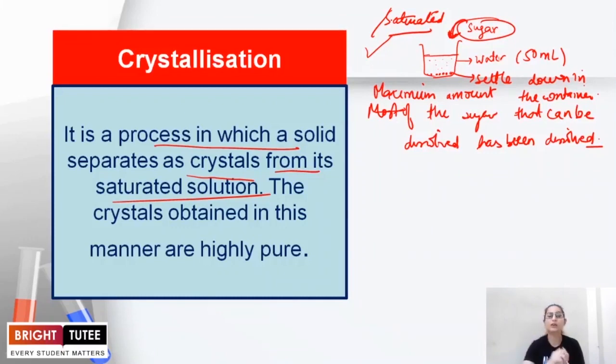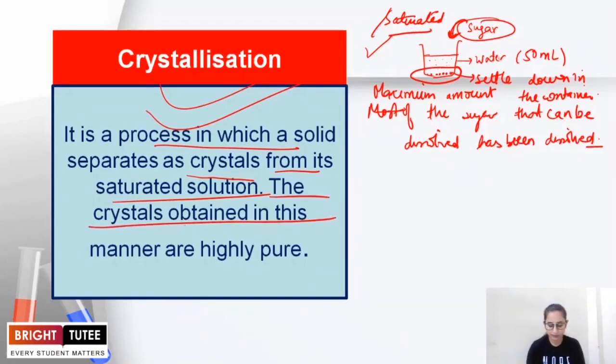This process of separation of crystals from the solution is known as crystallization. This is what we are talking about. The sugar came out of the solution and settled down in the form of crystals. This procedure is known as crystallization.